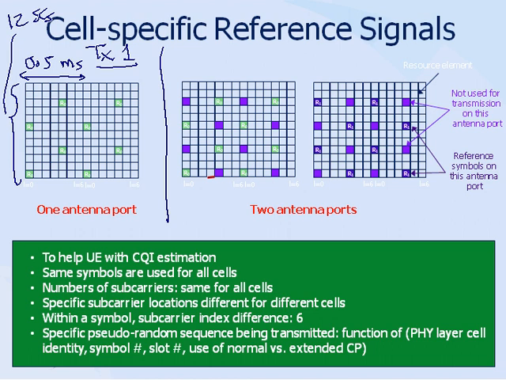The reference signal is sent from the first and third last OFDM symbol of a slot. So this is the first one, symbol number 0, and the third last, so 6, 5 and 4, symbol number 4. So we are sending those in 2 symbols, symbol 0 and symbol number 4.